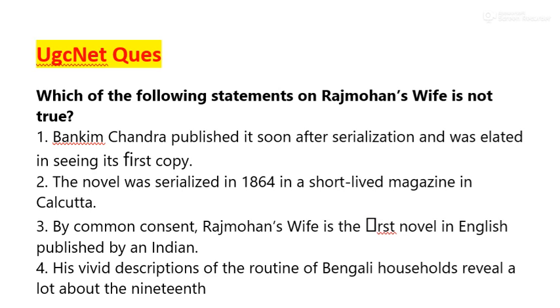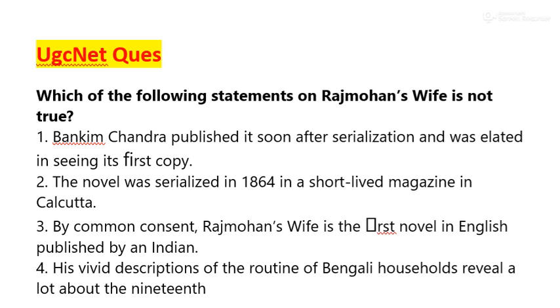Initially it was serially published in parts, and it wasn't that when all the parts were published, it was published as a single copy. So the first point is wrong.